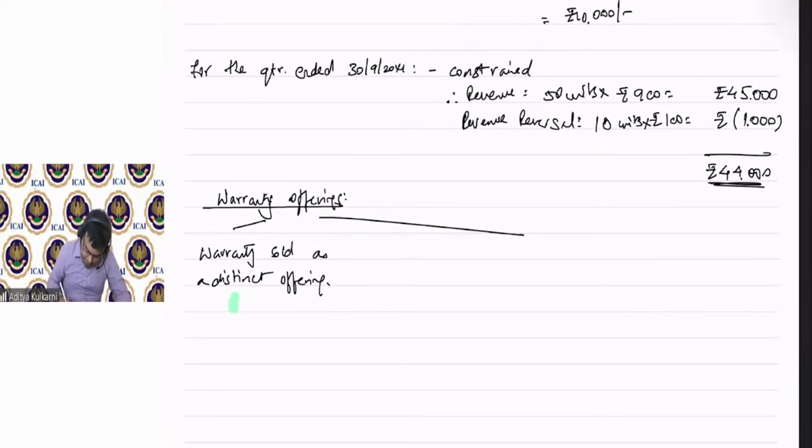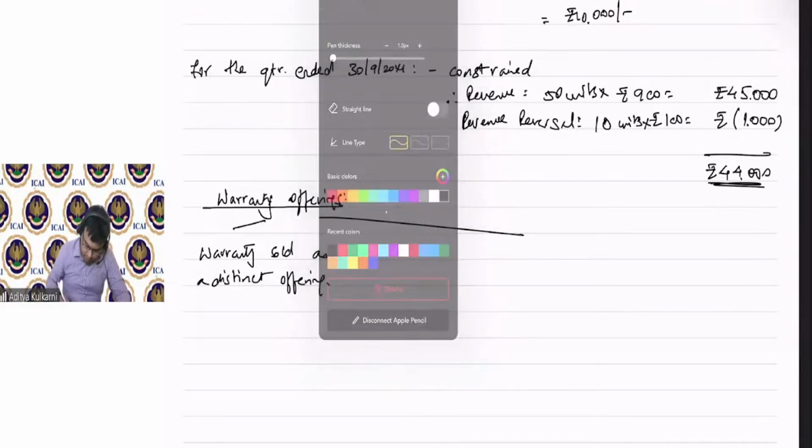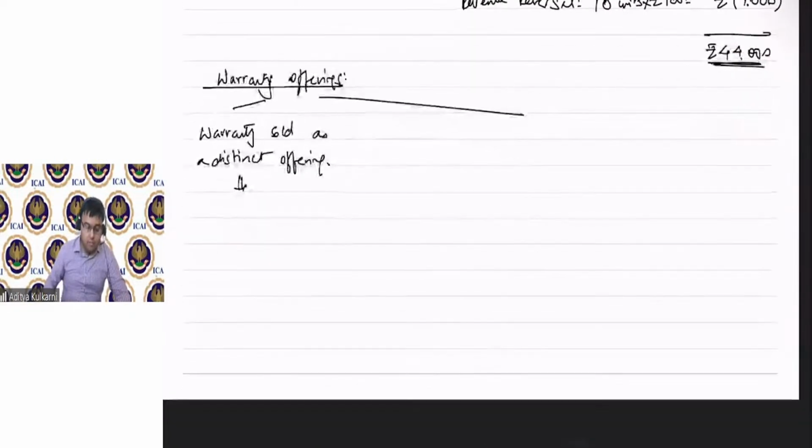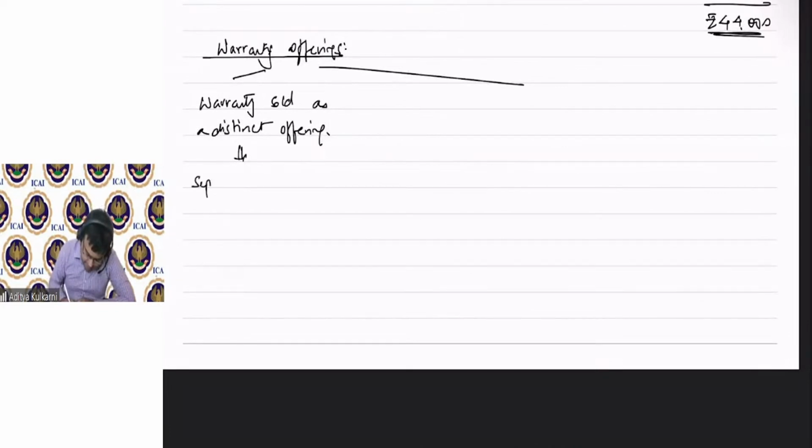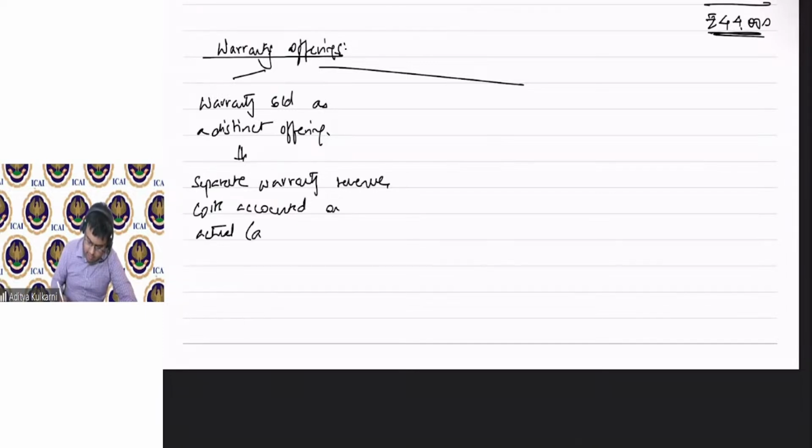In other words, separate warranty revenue, costs accounted on actual, that is accrual basis, recognized on actual basis or accrual basis.